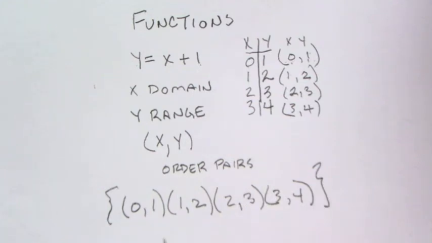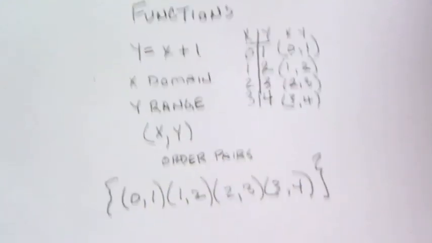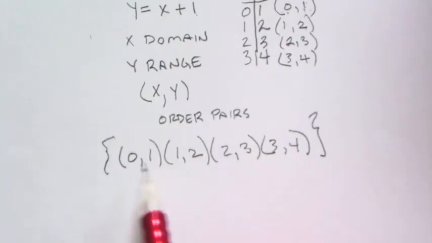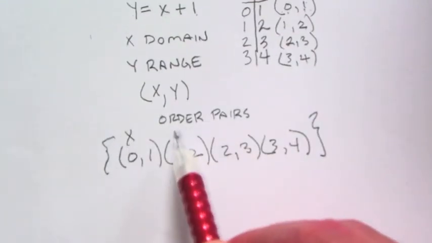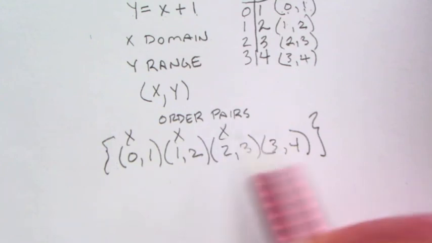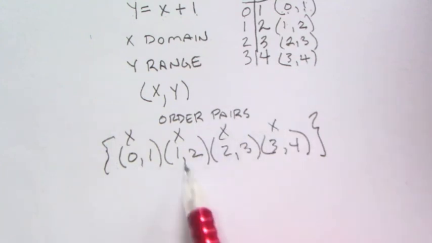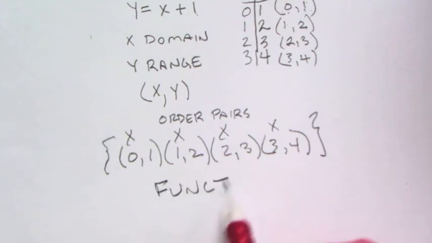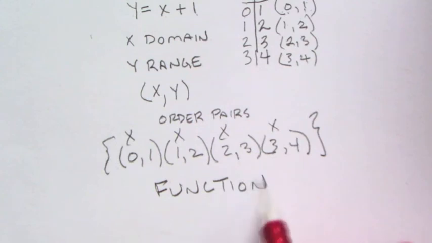To determine if it's a function, we look at only the x values, or the domains. Here's the x, here's the x, here's the x, here's the x. Do any of those repeat? Since the domain does not repeat, this is a function.